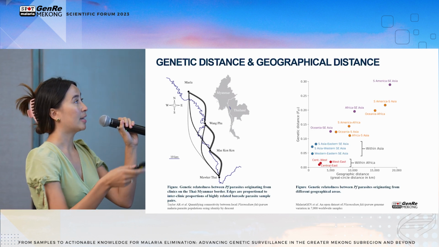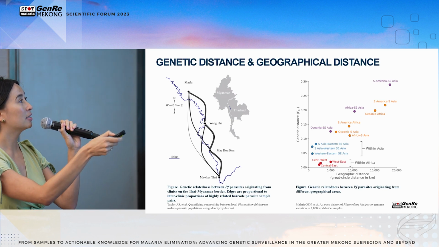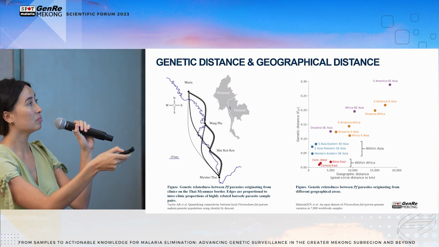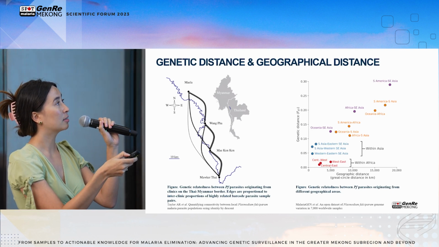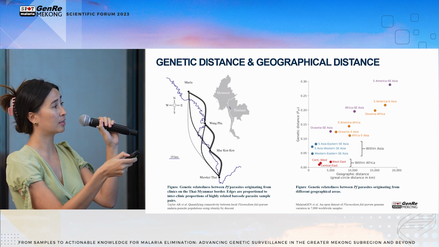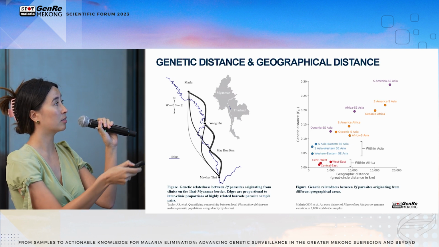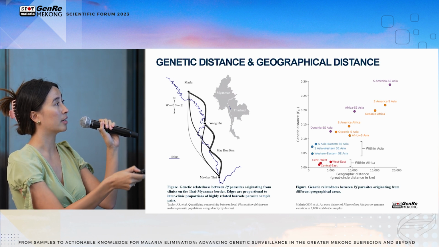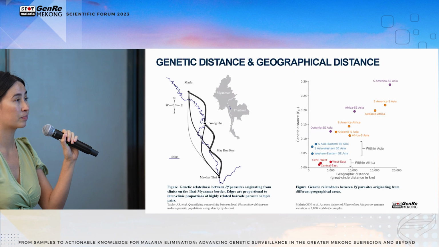What you can see is that parasites from neighboring healthcare units are more genetically similar than the parasites that were collected in the most northern healthcare center and the most southern healthcare center. So here you see the thin line going here, which indicates that they are more genetically dissimilar.